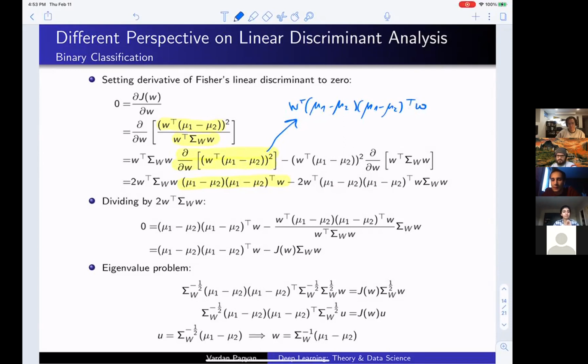Oh yeah, it's possible that I might have skipped a step. Thank you, Kevin, for helping me. Oh, now I understand the question. Yes. So this quantity here is equal to this thing, right?